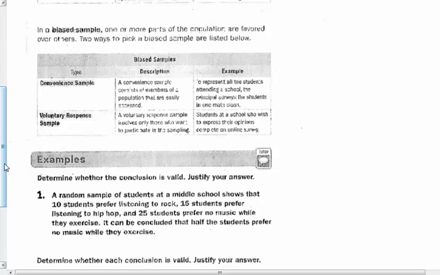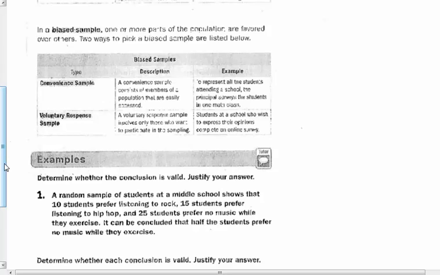That's not random enough. Or another example, it says to represent all the students attending the school, the principal surveys students in one math class. So he only goes to one math class and asks them, what's your favorite lunch? Well, that's really not random, because it's in a math class, and it's only one class. Maybe if he picked a few classes, that would make it more random, but that's a biased sample.